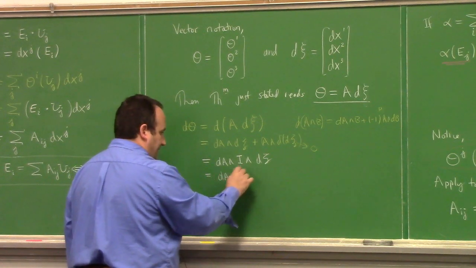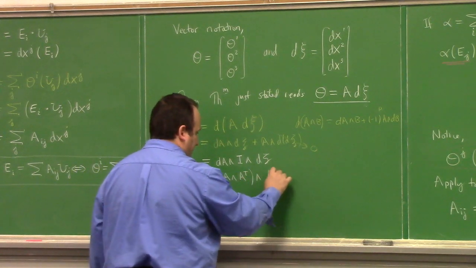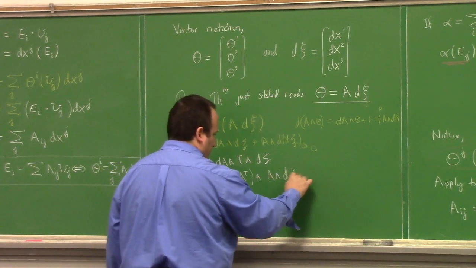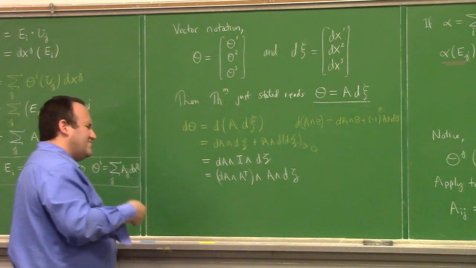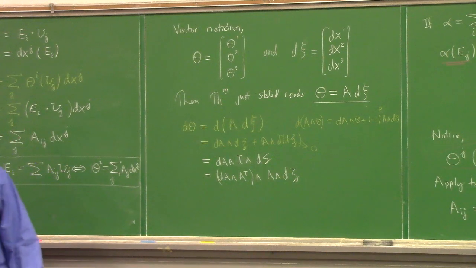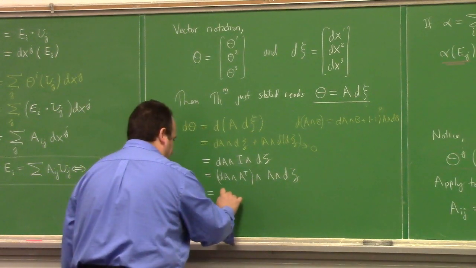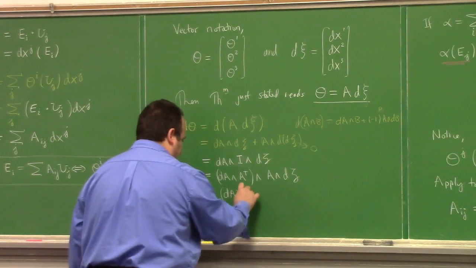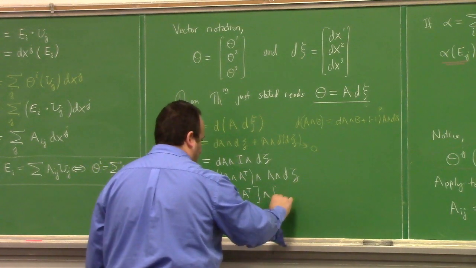And so I can trade that identity matrix out for A transpose A. As a matter of custom, if the matrix just has numbers or functions in it, a matrix of zero forms, we don't have to write the wedge. So we could write this more simply as dA A transpose, in parentheses, wedged with A d zeta.